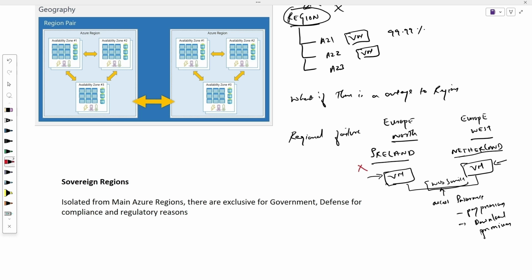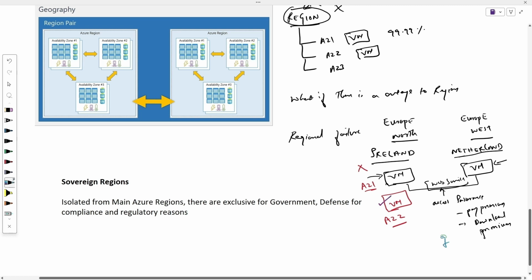If there is a failure at the availability zone level, so if you have deployed your virtual machines within the same region and within different availability zones, then if one of the zones fails, there is no issue because there is zone redundancy available. If the virtual machine fails in AZ1, availability zone 1, then the virtual machine running on AZ2, availability zone 2, is always up. So now you have two virtual machines running in both Netherlands and Ireland.